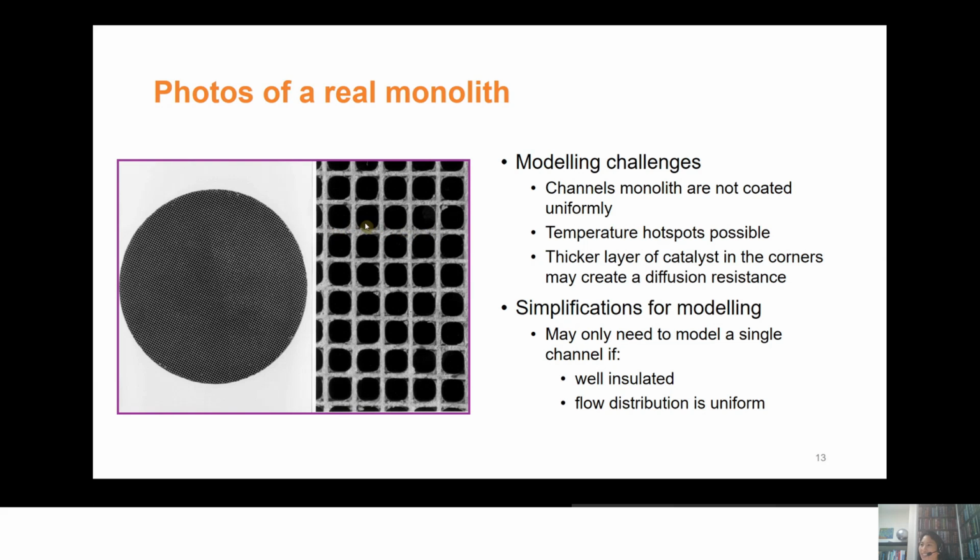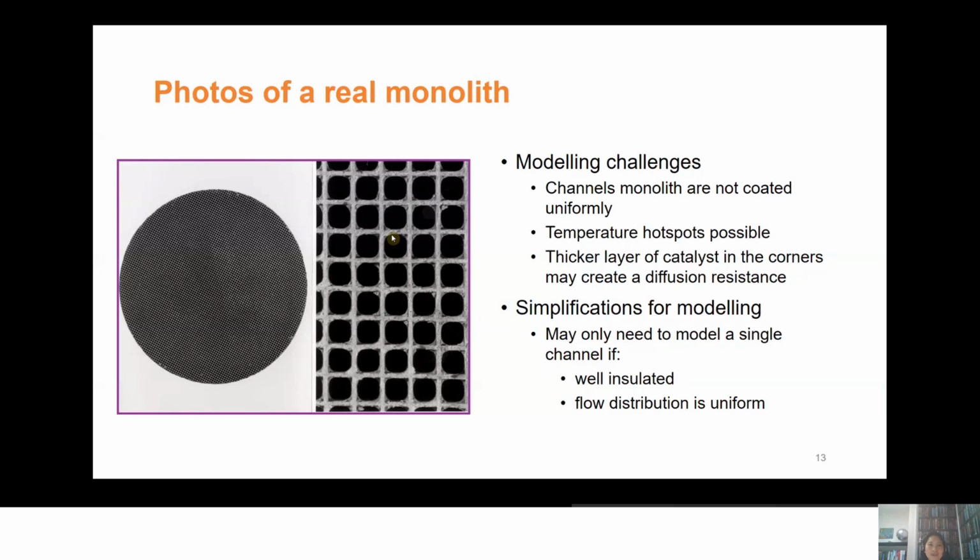The thicker your catalyst coating becomes, the higher the internal diffusion resistance is. That makes sense, right? Internal diffusion becomes more important the thicker your coating is, and here we can see that in the corner, the catalyst coating is thicker.